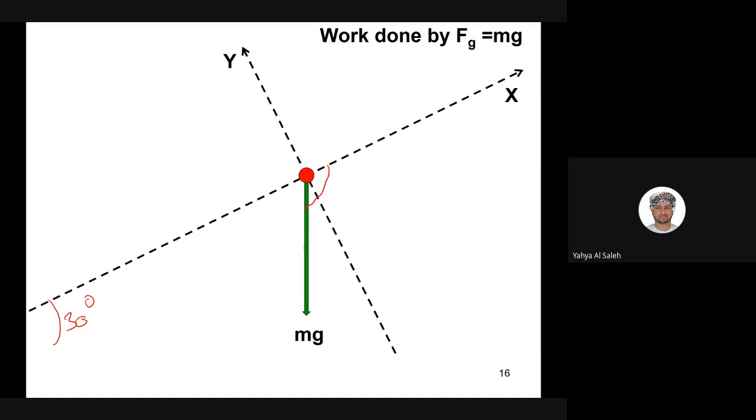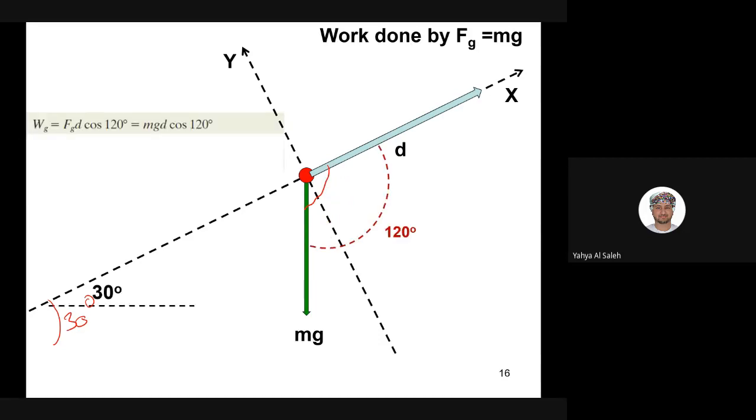What about mg? What is the work done by mg? mg is not on the x-axis or the y-axis, so we need to resolve its components into x and y. In the x direction we will have mg cosine theta, in the y direction mg sine theta.